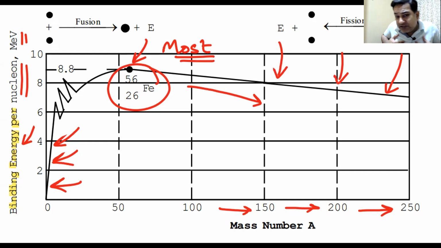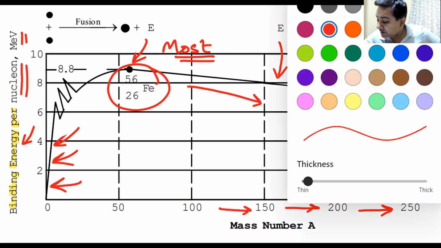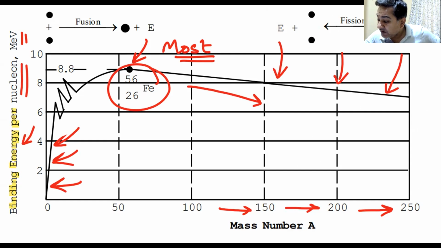Now, if I become less stable, I am very big and very unstable, what will I do? This larger nucleus, and I'm changing the color of the pen to blue, this larger nucleus is going to break into smaller nuclei. Do we understand this? Yes, sir.